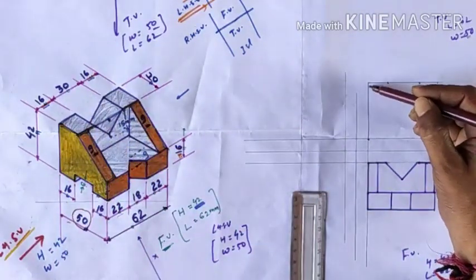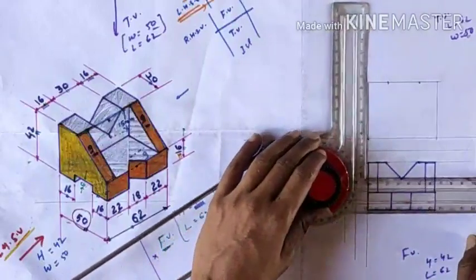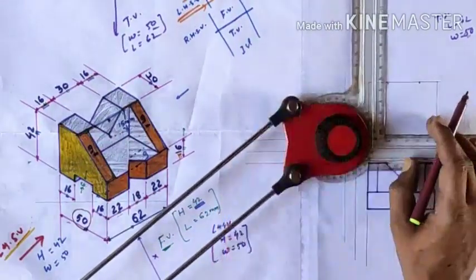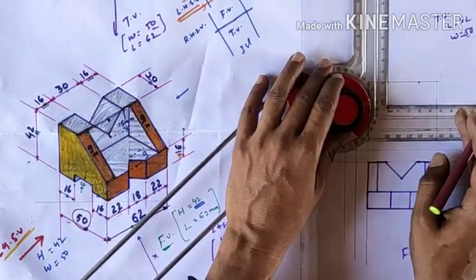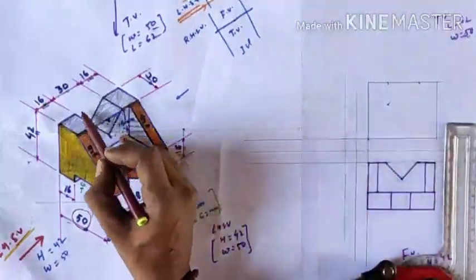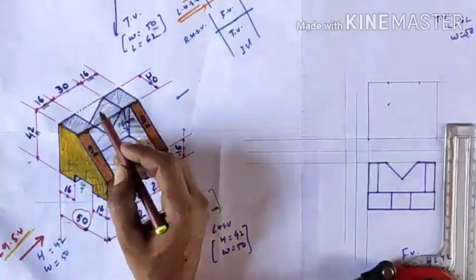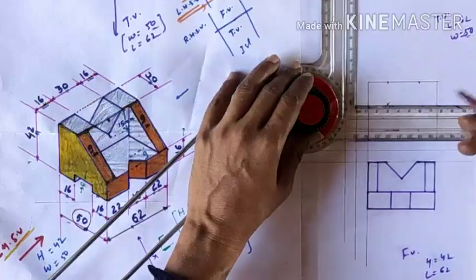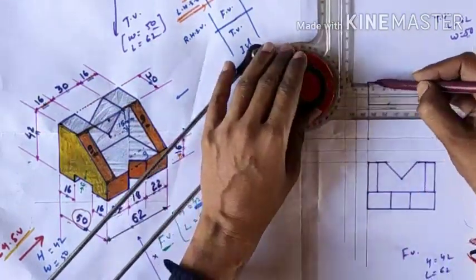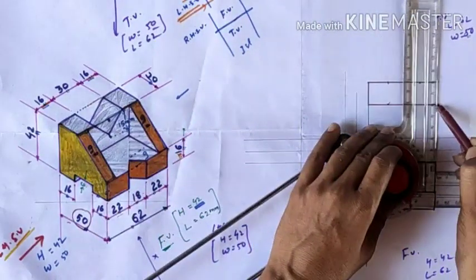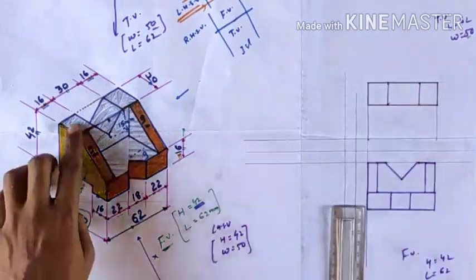So 20 from this side of the width, here it goes 20 mm. Just tick the 20. Then this appears as a solid box line when we see from the top. This is your 16 and 20, 16 and 20.